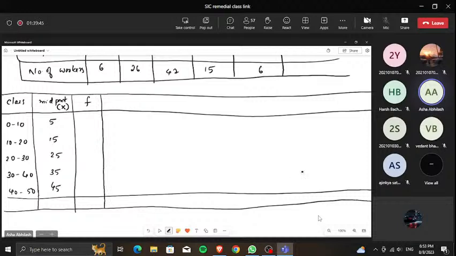Frequency is nothing but the number of workers belonging to that particular interval: 6, 26, 47, 15, and 6. What is the total number? Yes, 100.